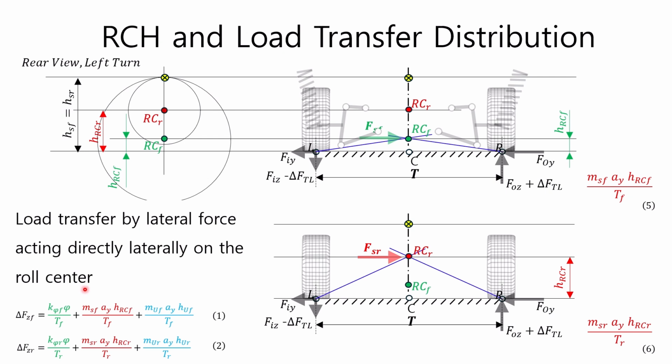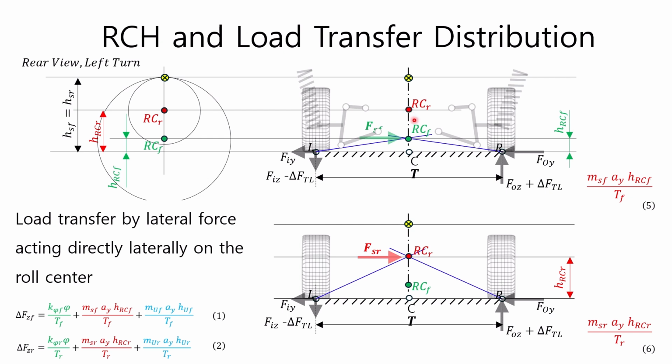This load transfer is transmitted through the suspension links, not the springs or anti-roll bars. The amount of load transfer through the links is determined by the magnitude of the lateral force acting directly at the roll center and the roll center height.